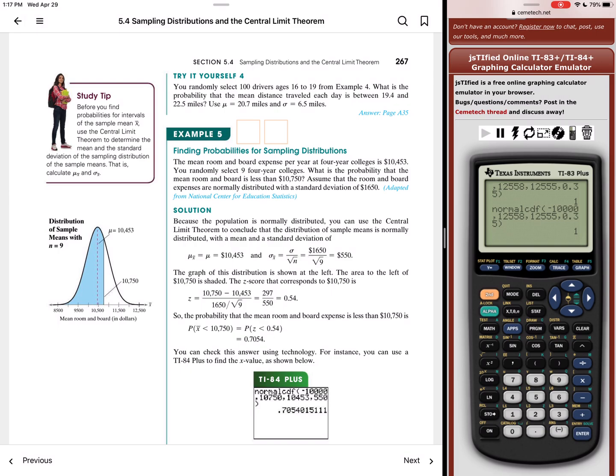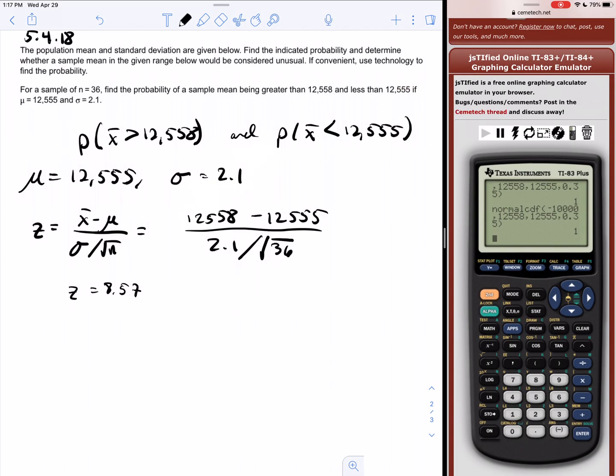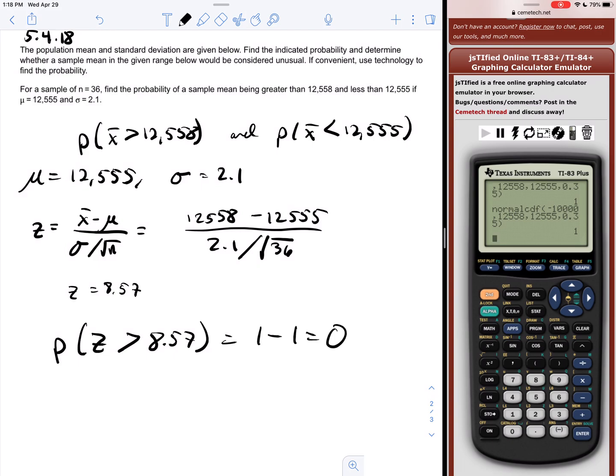When you get such a large z-score like this, this is where a graphing utility or something of that nature would come into play. So the area under the curve to the left of this z-score is 1. So the probability that z is greater than 8.57 is going to be 1 minus 1, which is 0, right?